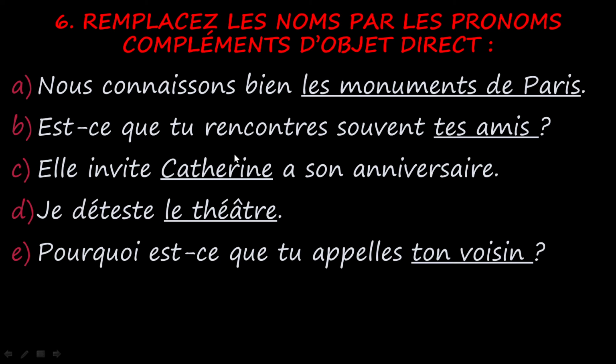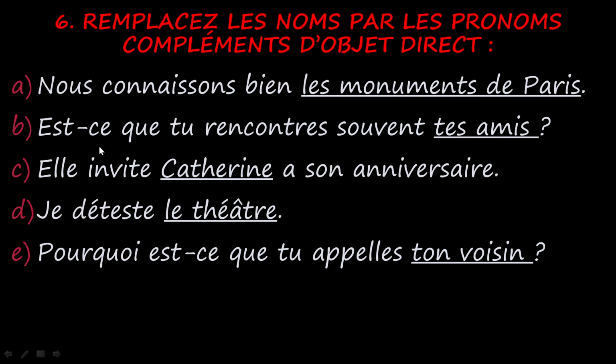So what will we be doing? We'll be using la. Elle invite, and in the place of Catherine we use the pronoun la, à son anniversaire. But we must not place la here. We'll place it before the verb: elle la invite à son anniversaire. But here you can see the verb starts with a vowel.